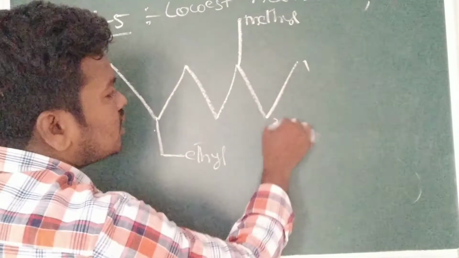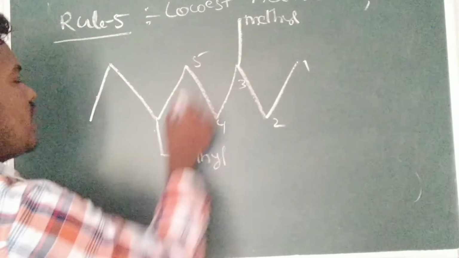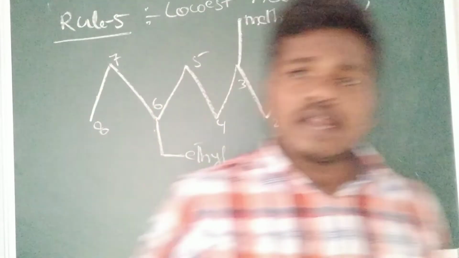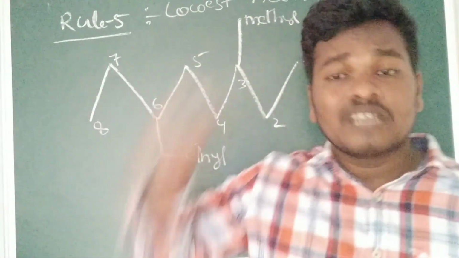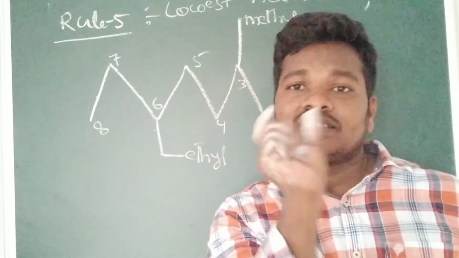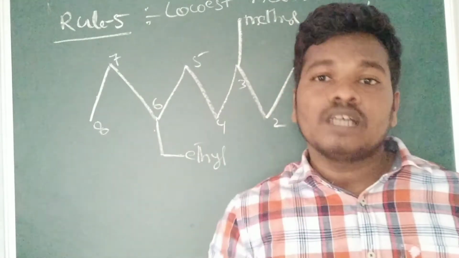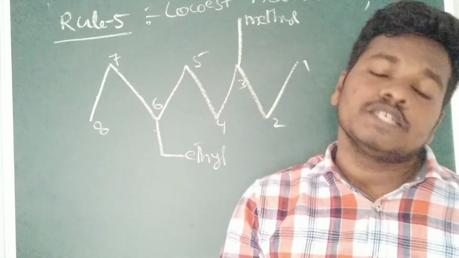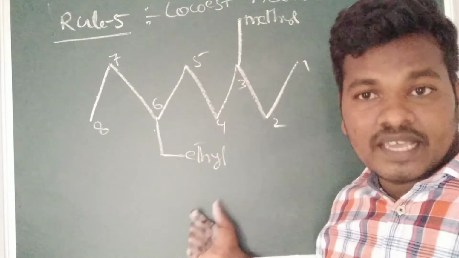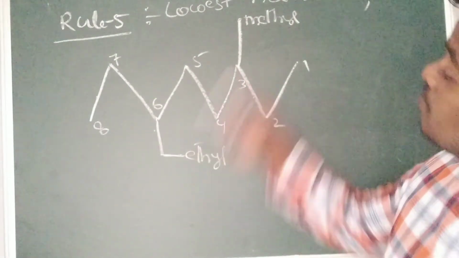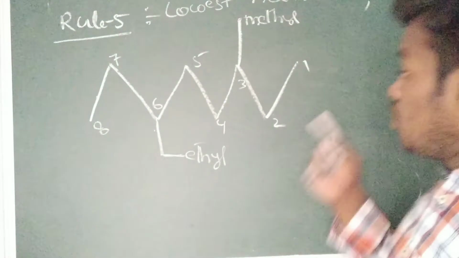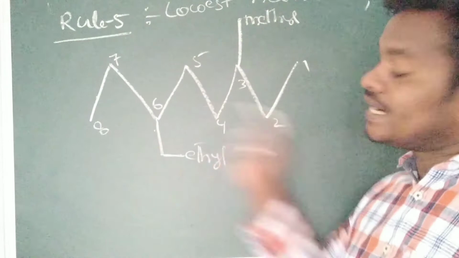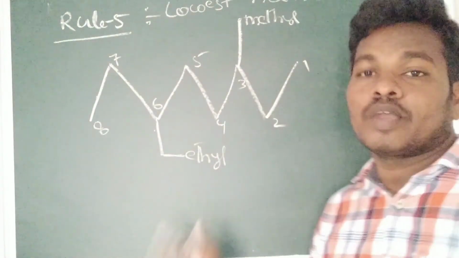Some students will number it like this also. First we have to identify which substituent comes first alphabetically. Methyl is there, ethyl is there, butyl is there. Among all, which comes first? Ethyl comes first, so we give ethyl the lowest number. Left to right or right to left without branches is okay, and similar groups are okay.